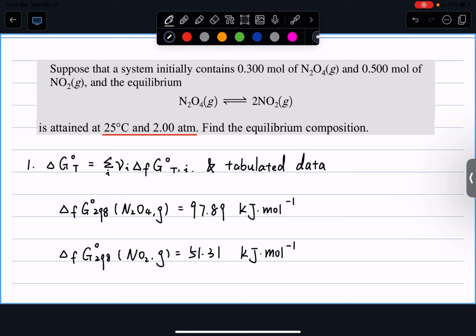So you have to use a little bit of common sense at the end after solving the quadratic equation to say which one of these solutions is the correct one to use. Now with the extent of reaction, it should be very straightforward to calculate the number of moles of each species present at equilibrium.